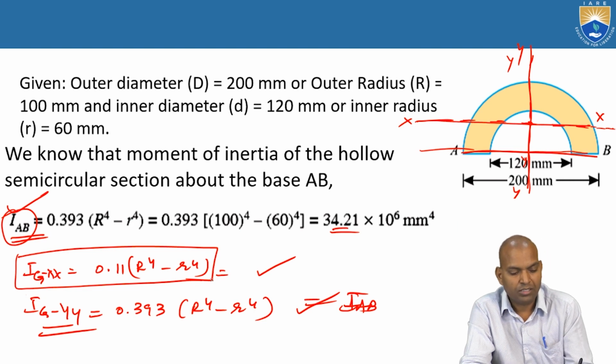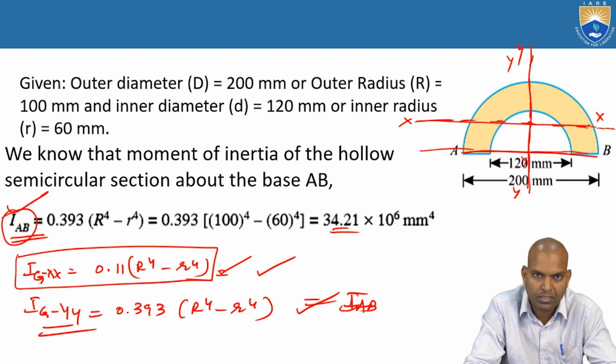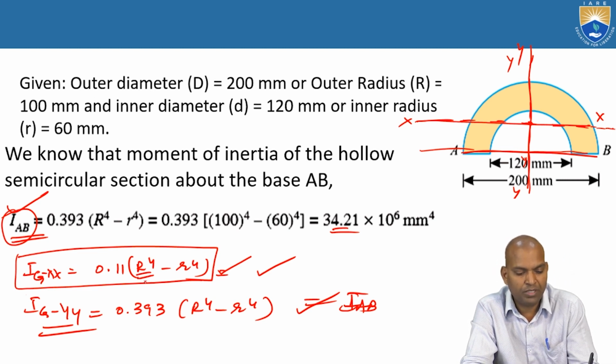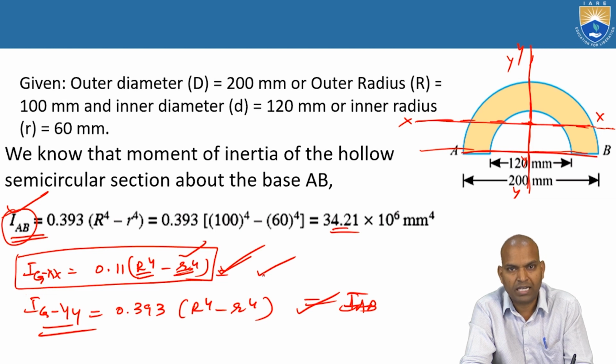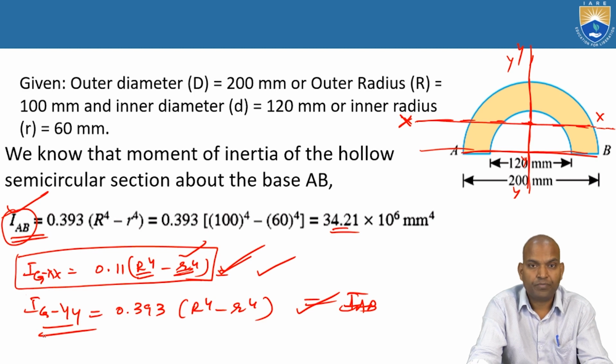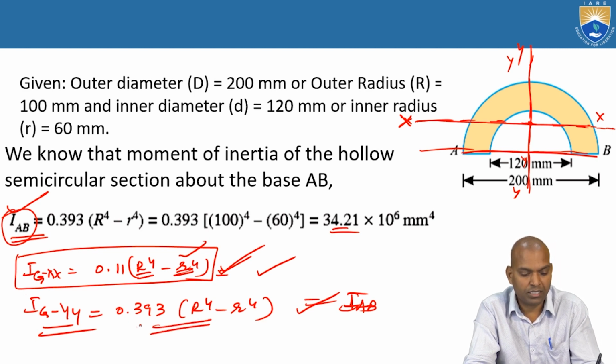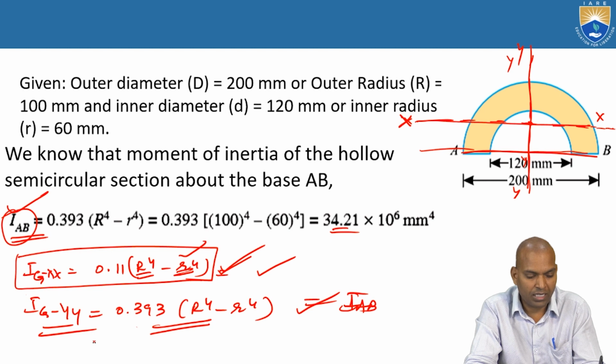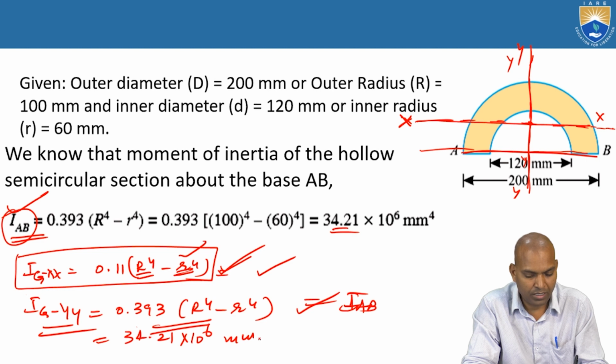I_GXX equals 0.11 times (capital R power 4 minus small r power 4), with R equal to 100 millimeters and r equal to 60 millimeters. Now I_GYY is 0.393 times (capital R power 4 minus small r power 4). Substituting here, the answer is 34.21 times 10 power 6 millimeter power 4.